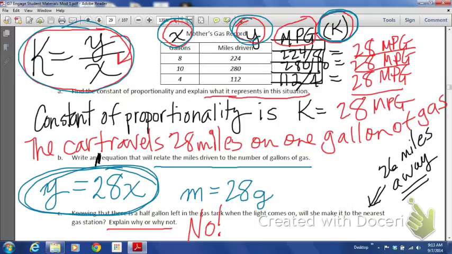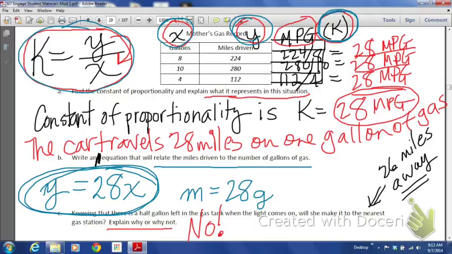I don't know how you have half a gallon of gas when the light goes on. Just not really real. But anyway, in this case, she would not make it. Because we know that Mom goes 28 miles on a gallon of gas.